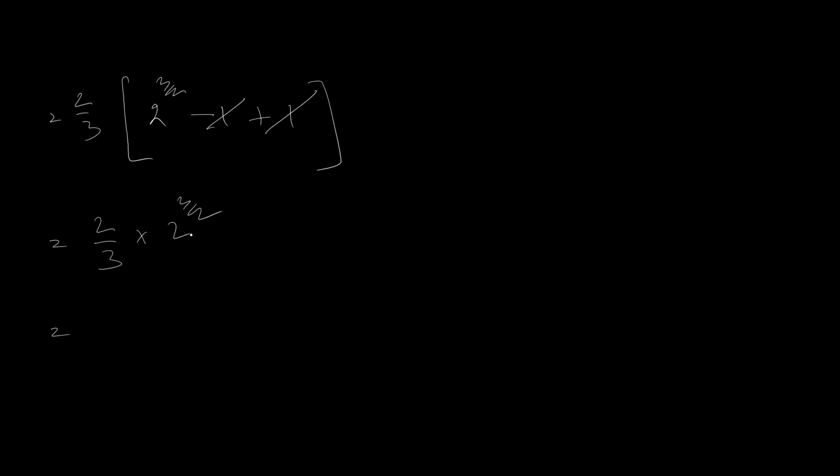Again you see this is the same base, so powers will be added: 1 plus 3 by 2, by 3. So I get 2 to the power 5 by 2, by 3. Now 2 to the power 5 by 2 I can write as 2 to the power 1 by 2, the whole power 5, which is root 2 to the whole power 5.